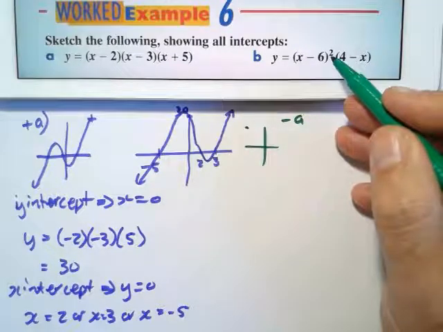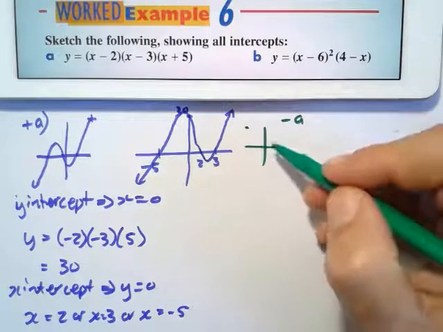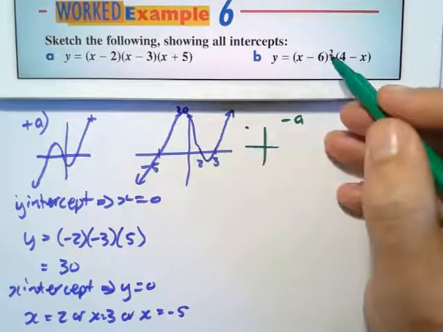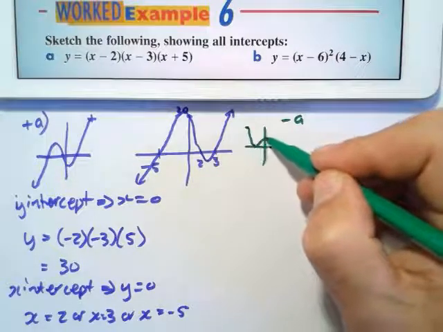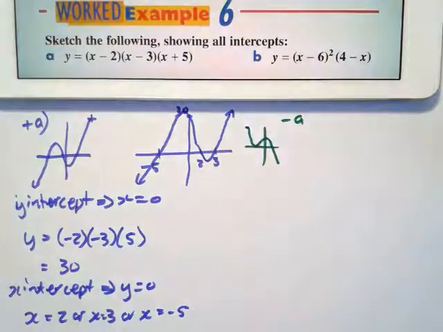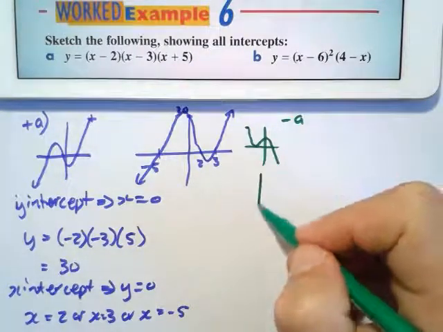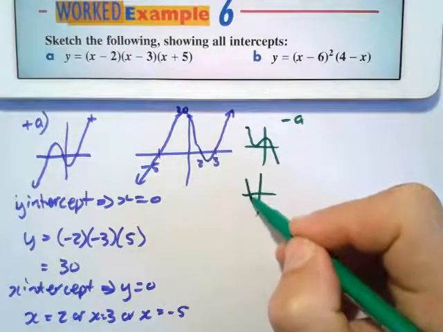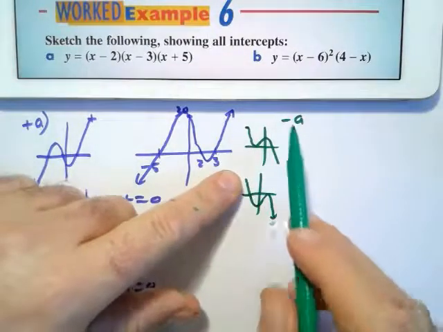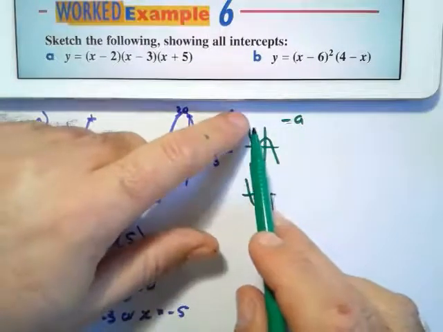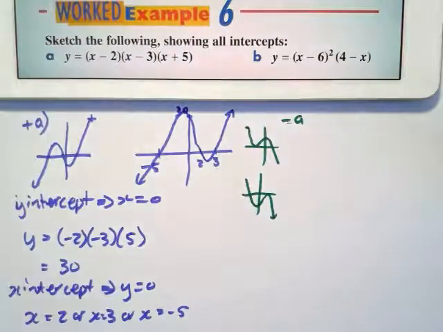Because I've got a square, it's going to turn on the line. So it's going to look something like that, or it might even look like this, where it turns on there. So it's one of those two. It needs to finish negative where x is positive.